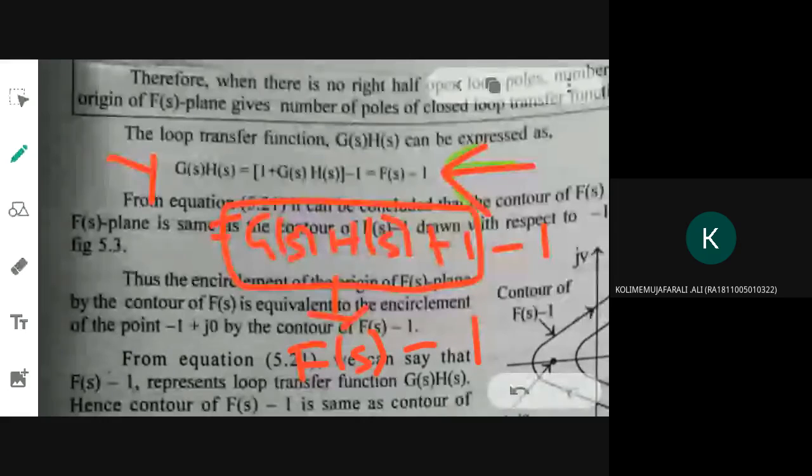Finally, this can also be written as g of s into h of s plus 1 minus 1 if you give. Then this 1 plus g of s into h of s, I am substituting it as f of s minus 1. Now we come from s plane, then f of s plane, then now we are moving to f of s minus 1 plane, which is equivalent to g of s into h of s plane. So the third mapping you are going to consider now.